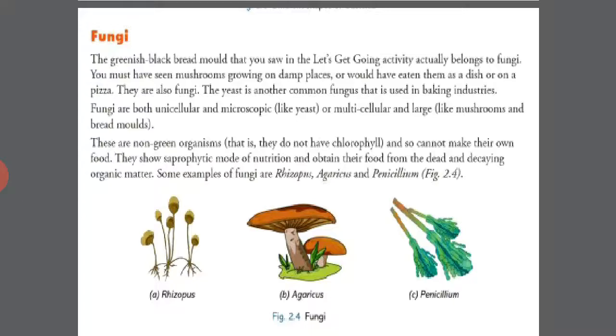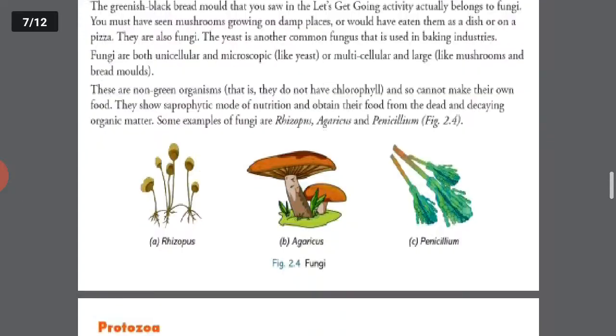You must have seen mushrooms growing in damp places or would have eaten them as a topping on a pizza. They are also fungi. Yeast is another common fungus that is used in the baking industry also. Fungi can be both unicellular and microscopic, or multicellular and large like mushrooms and bread molds.